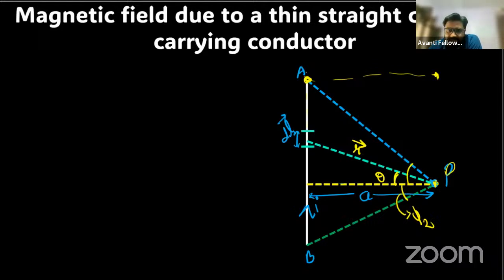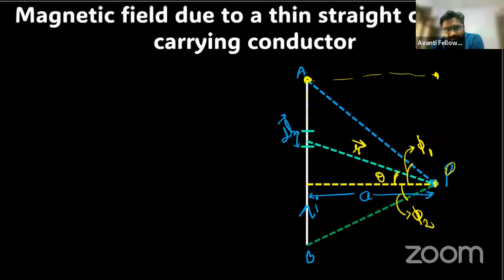And this dL vector can go up to point B, it cannot go beyond that. So when it is going to point A, this theta can maximum go to phi 1, and in the lower direction it can go to phi 2. That is why I have defined it as the limiting angle. These angles will help us when we are putting the limits in the integration.